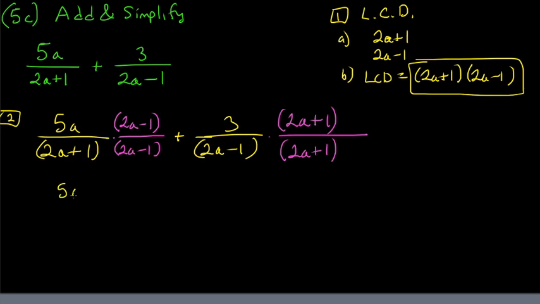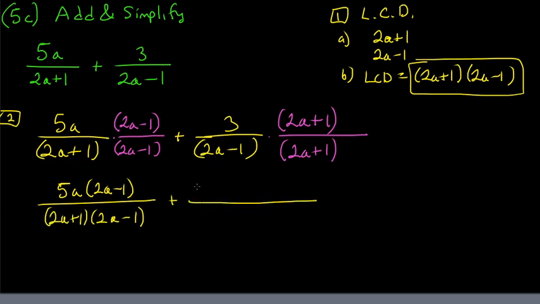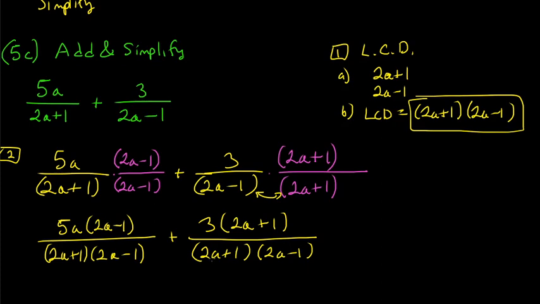We have 5a, sorry, that's a 5, times 2a minus 1 over 2a plus 1 times 2a minus 1, plus, and then for the second fraction we have 3 times 2a plus 1 over 2a minus 1 times 2a plus 1. But just to show you that the denominators are exactly the same, I can always switch the order, because you're just multiplying. And so we end up with 2a plus 1 times 2a minus 1.